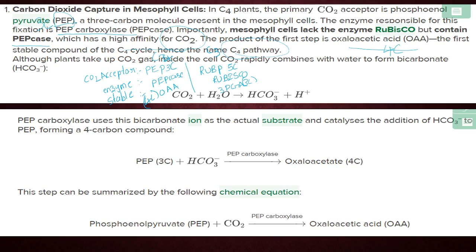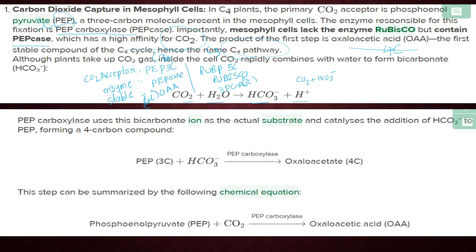Although plants take CO2 gas inside, CO2 rapidly combines with water to form the bicarbonate ion, HCO3 minus, and H plus ion.